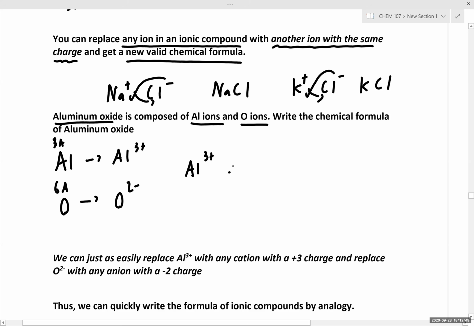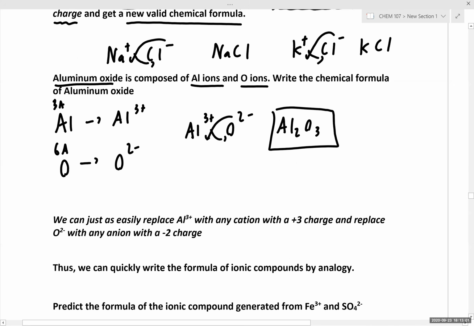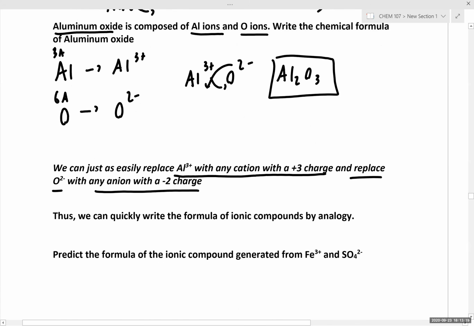We take Al3+ and O2- and we cross our charges and we get Al2O3. What's really interesting to consider is we can just as easily replace aluminum 3+ with any cation with a 3+ charge and replace oxygen 2- with any anion with a 2- charge. Now, why is this important? This allows us to quickly write the formula of ionic compounds by analogy.